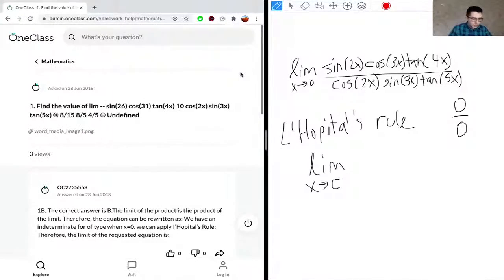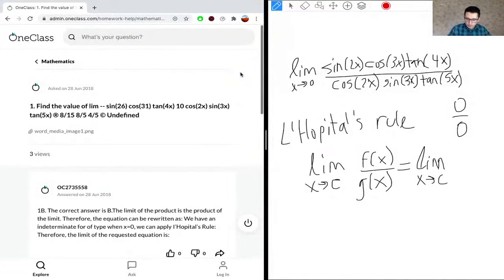The limit of x as it goes to c of some function f over some function g is equivalent to the limit of x as it tends to some constant c of the derivative of the top function over the derivative of the bottom function. So here that's what we're going to do. We're going to take the derivative of the top and bottom.